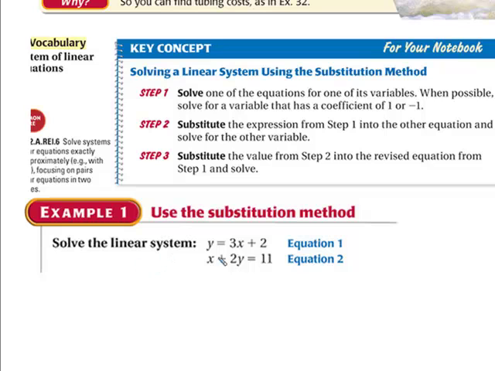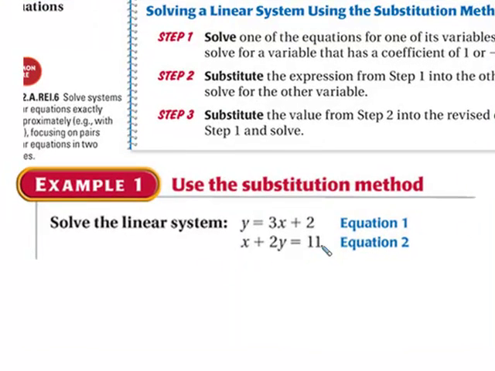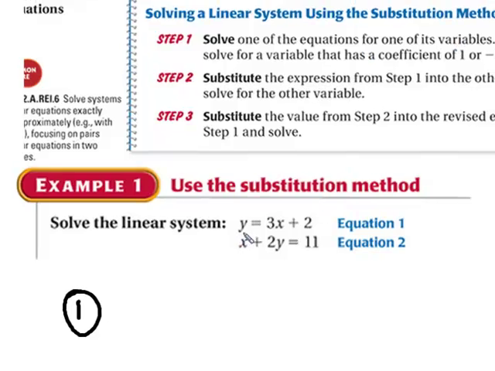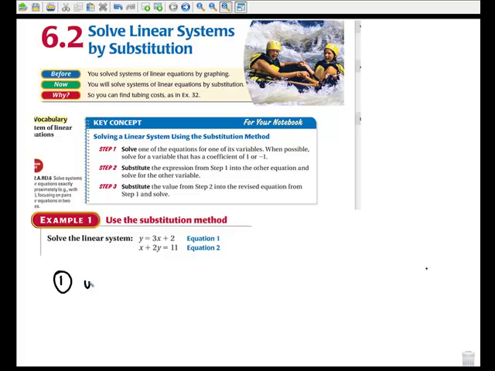So here's our system. y equals 3x plus 2 and x plus 2y equals 11. So step 1 was to solve one of the equations for one of the variables. Well, looky here, this one has been solved for us. So we have y equals 3x plus 2.